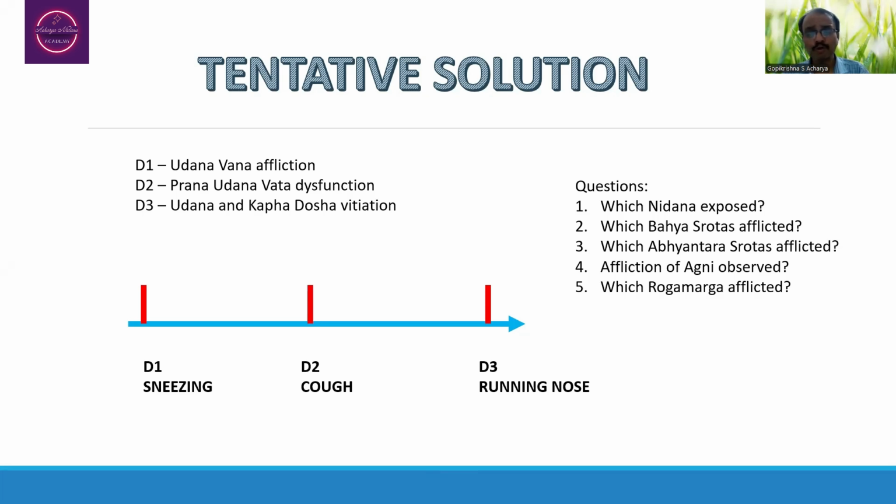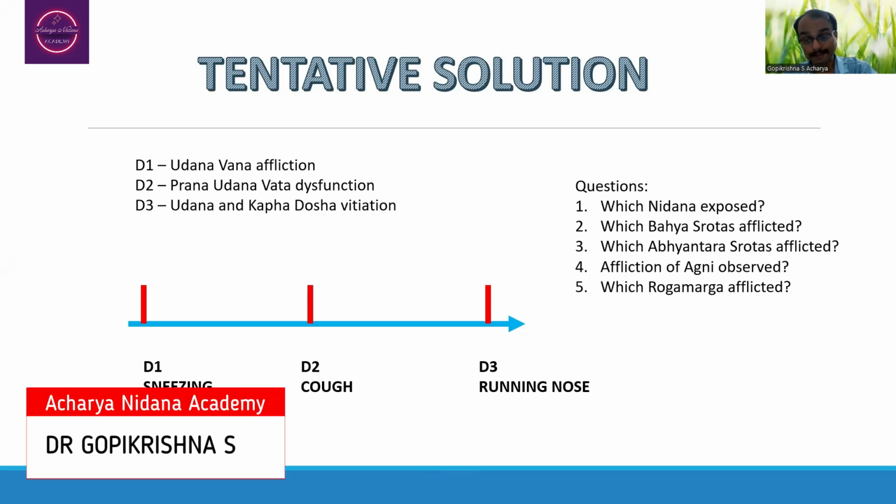And is there any possibility of Agni affliction? If the person is having expectoration of the sputum every time, probably there may not be a possibility of affliction there. But there are certain situations whenever the sputum is being produced, these individuals are going to swallow it. That's how there may be a possibility of affliction of Agni as well.